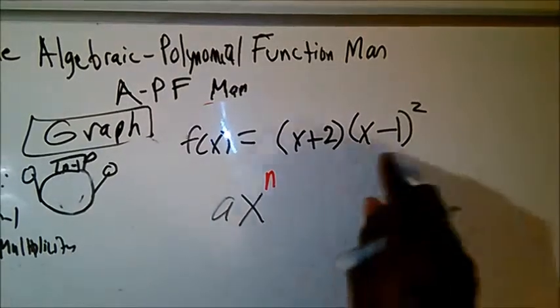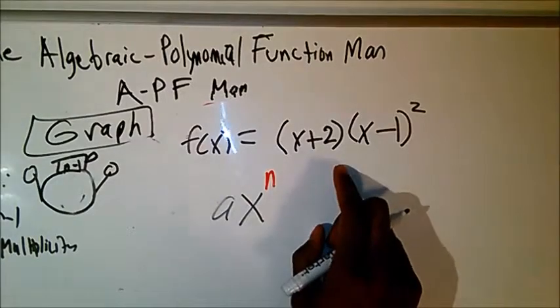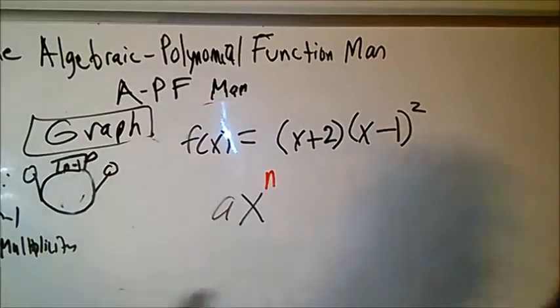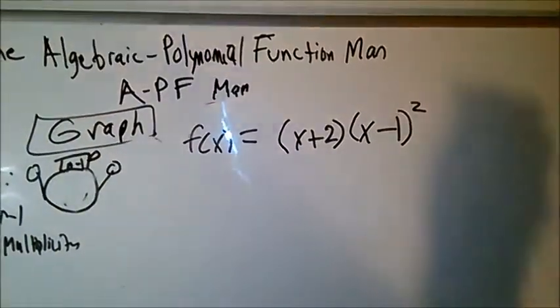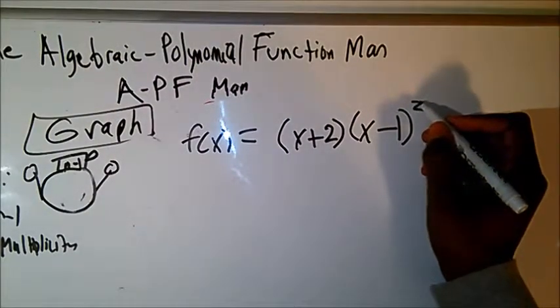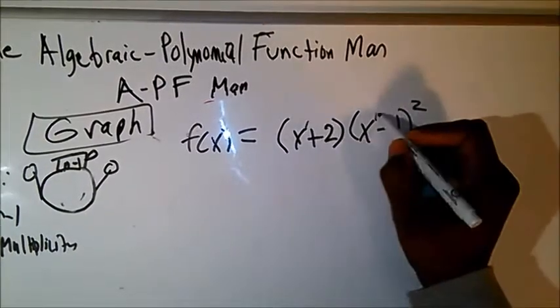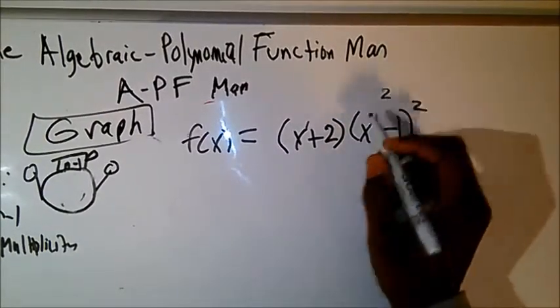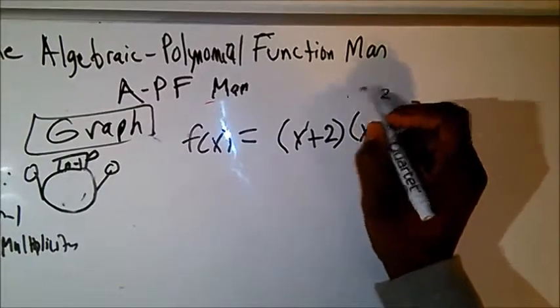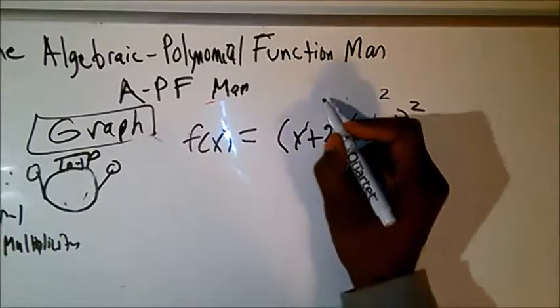In this case, it's already factored for you. So in order to find out n, you have to unfactor it. Well, another way to determine n is by just using the power rule and doing this. So 2 times an invisible 1 is 2, and then there's an invisible 1 here, 1 times 1 is 1.